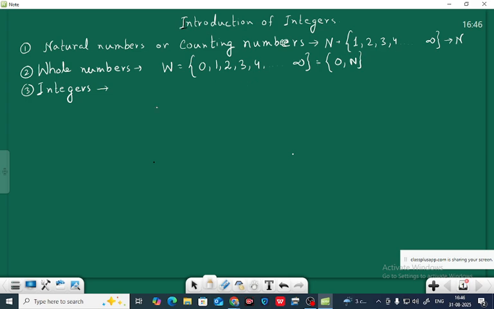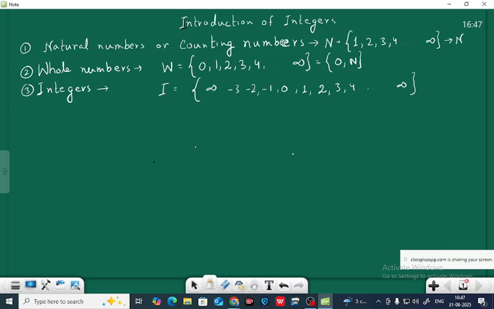Sometimes we represent integers by I. The numbers are 0, 1, 2, 3, 4 up to infinity, and in the same way -1, -2, -3 up to infinity. This is the collection of integers.